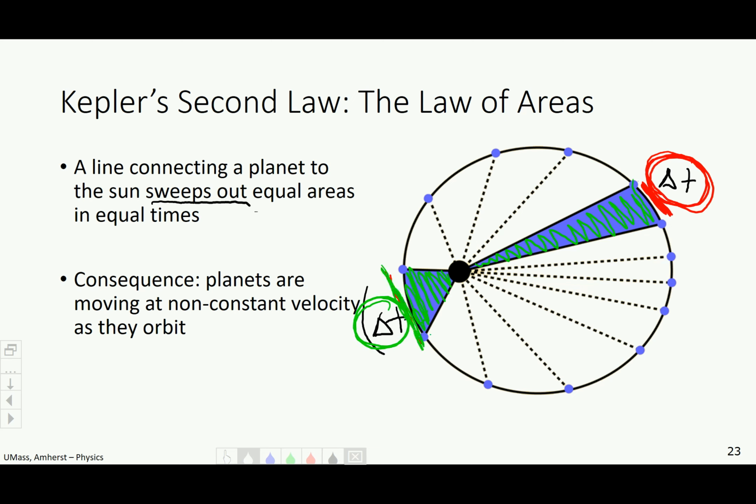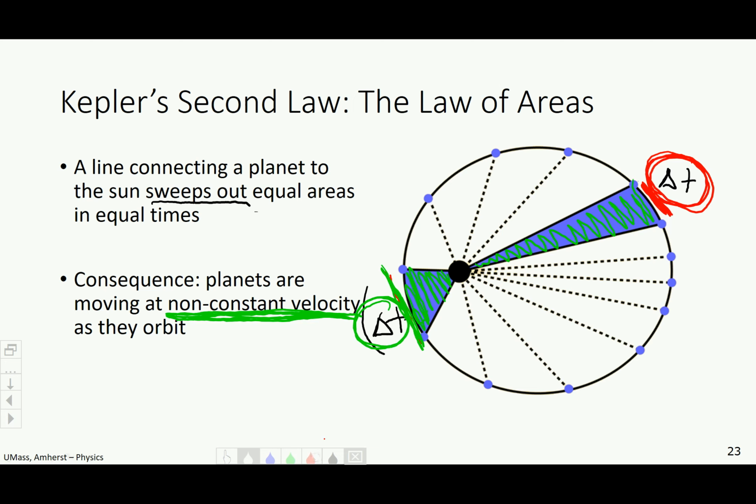What does this mean? That means that the velocity of a planet as it orbits the sun is non-constant. So planets are moving at a non-constant velocity as they orbit. The velocity here has to be faster than the velocity over here, right?